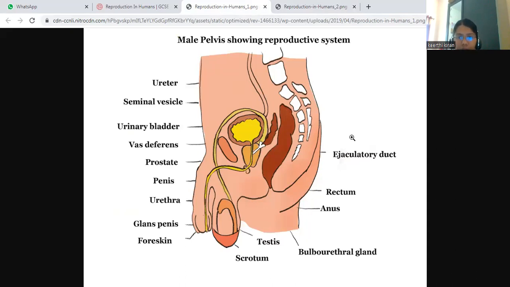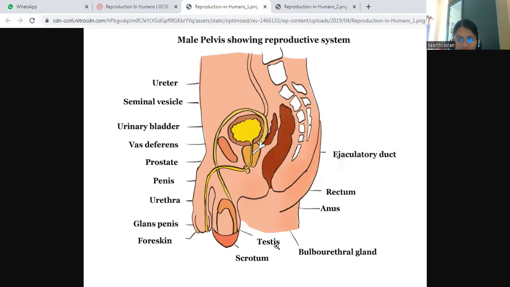This male reproductive system is responsible for the formation of the germ cells, and it also allows the transfer of these sperm cells, or germ cells, to the site of fertilization, which means the female body. First I will tell you about the testis.